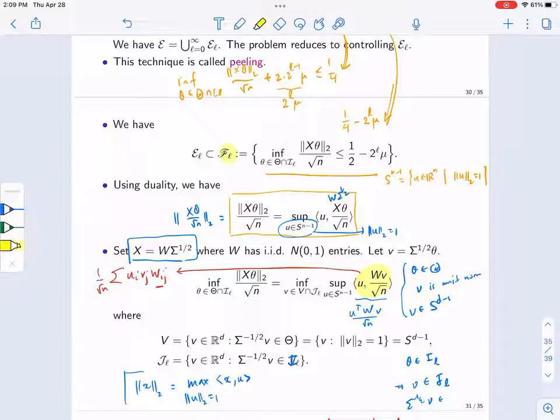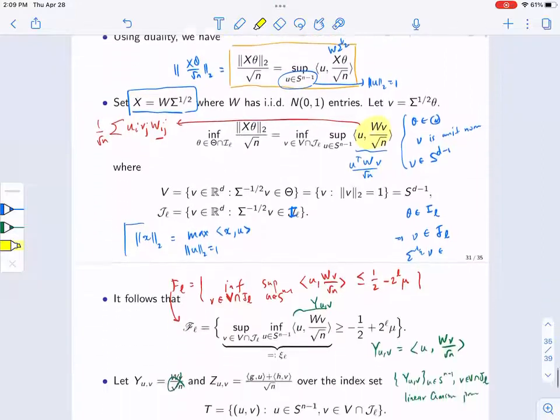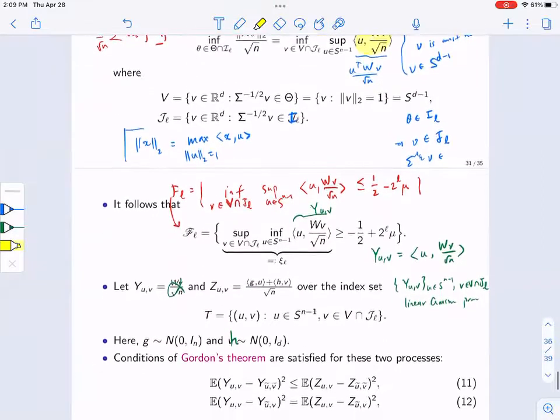So this step is where we did the variational characterization of the norm. So we replaced the L2 norm with this idea that I can write the L2 norm as the maximum of the inner product of x and u, where u varies in the sphere.